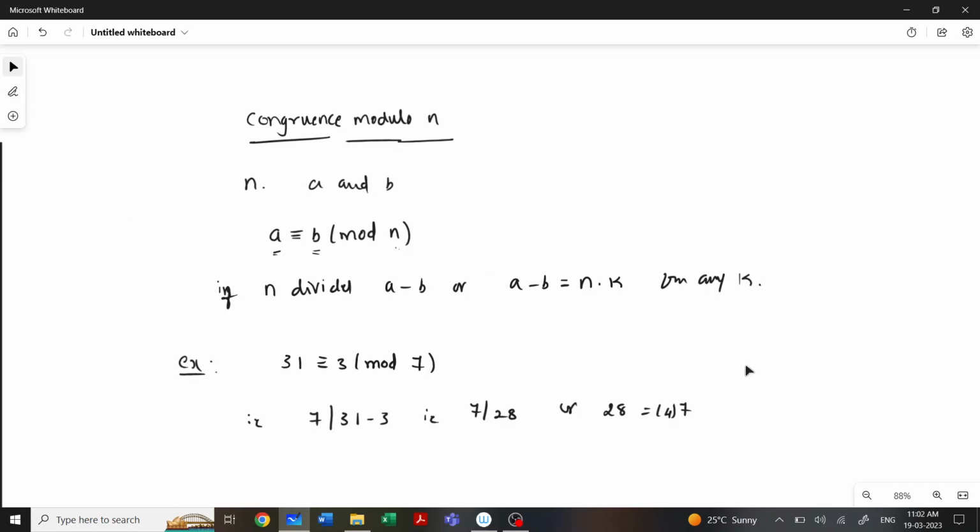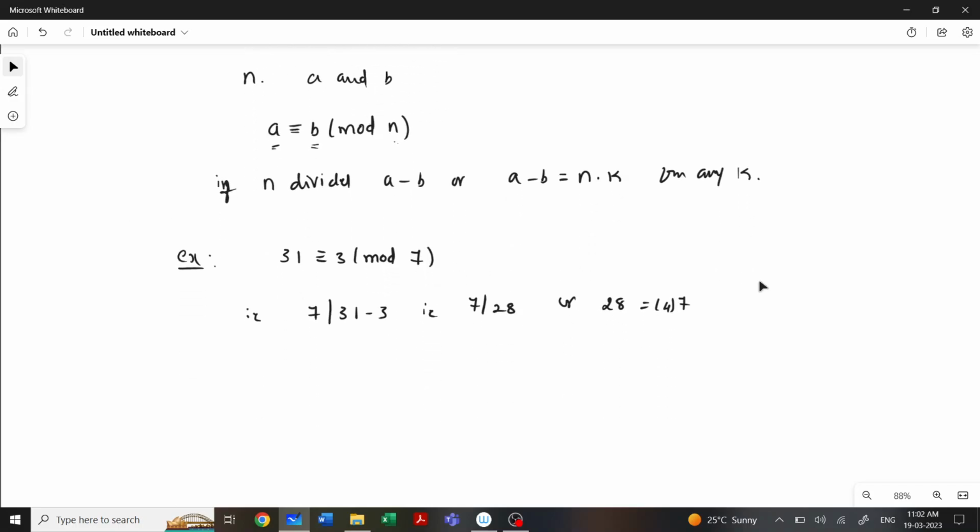Similarly, another example: if I take minus 31 is congruent to 4 in mod 7. That is, 7 divides minus 31 minus 4, or 7 divides minus 35.